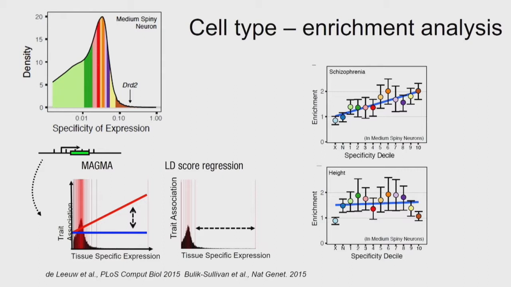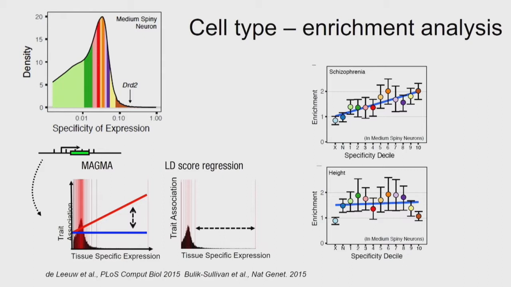Okay, so for each cell type, we can create this kind of graph showing where different genes end up in which decile. This is of course expression of a gene, but to go from GWAS, which is from SNP to gene, we use two different methods that use different assumptions.